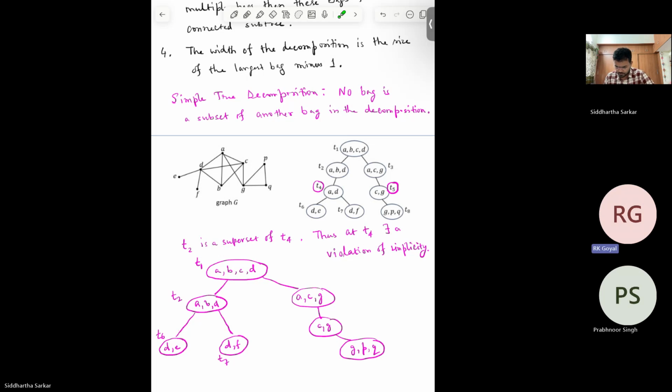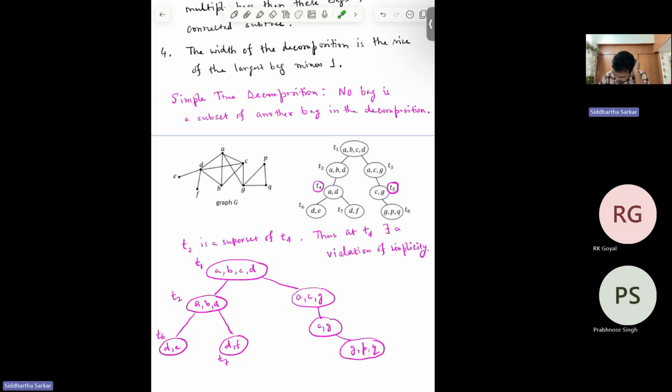So, like here, which vertex is remaining and which is not included in any of the bags? Because if we follow the process, we have not made any major change here, except removing the vertex T4.